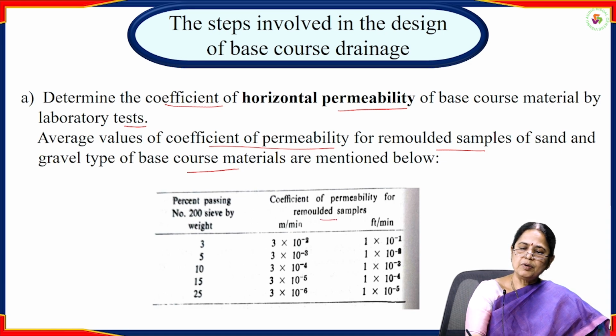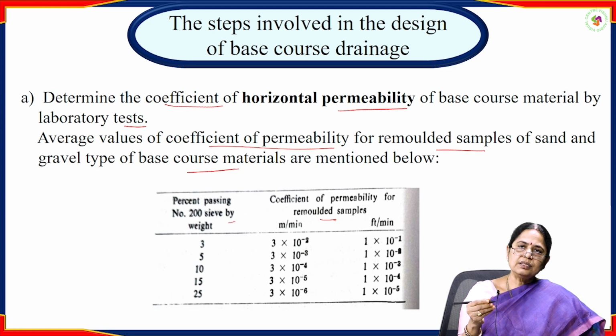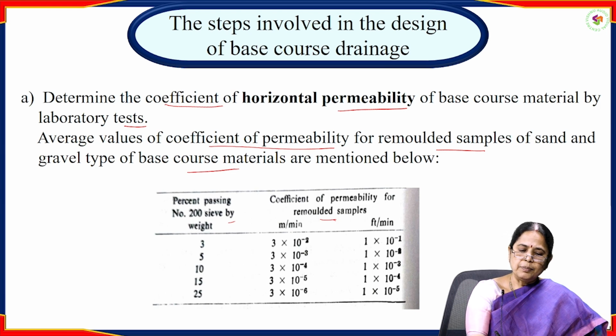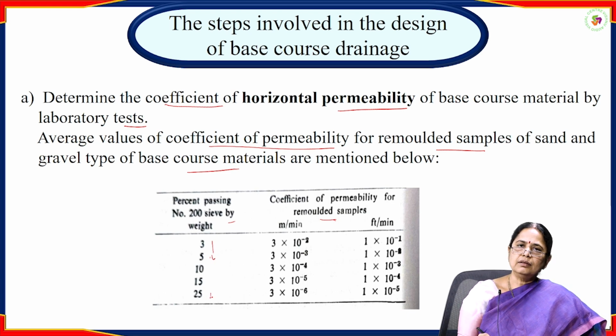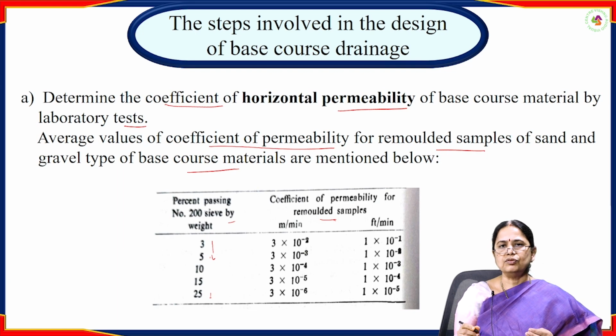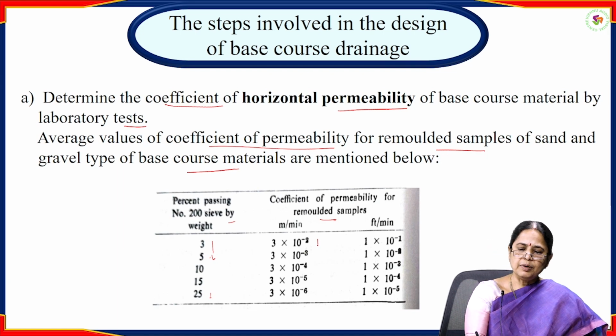The coefficient of permeability of the remolded sample is compared with the gravel material passing through sieve number 200, with the percentage by weight given. As the percentage passing keeps on increasing, the size of the particles keeps on changing, so the permeability goes on reducing.